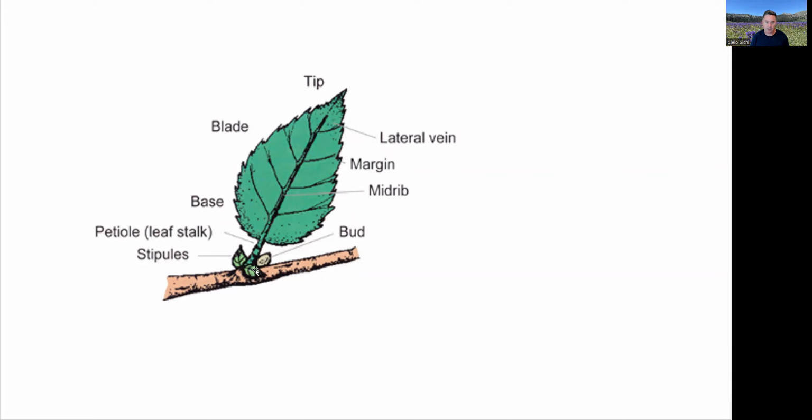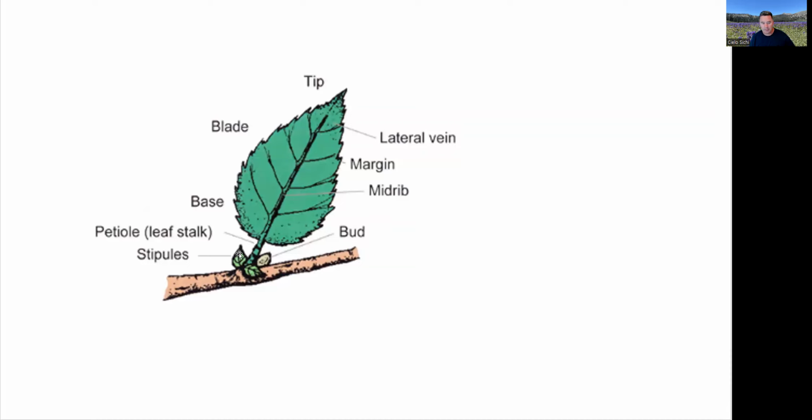Okay, sometimes there's stipules. Now, stipules they are actually modified leaves. They're little teeny leaves. Sometimes they're big, but the stipules are modified leaves, and some plants have them, some plants don't. Some have very intricate stipules. Some have stipules that look like a little teeny version of the same exact leaf.